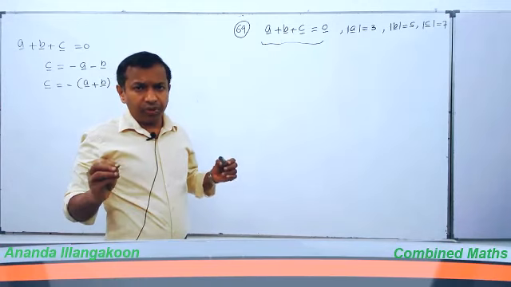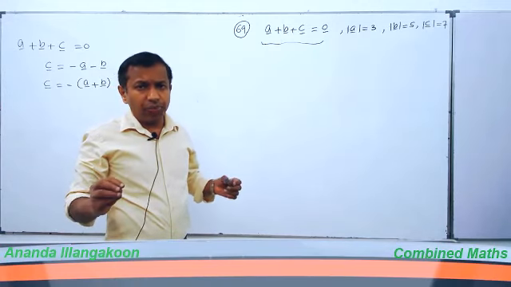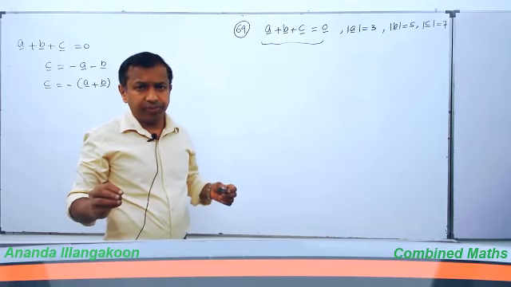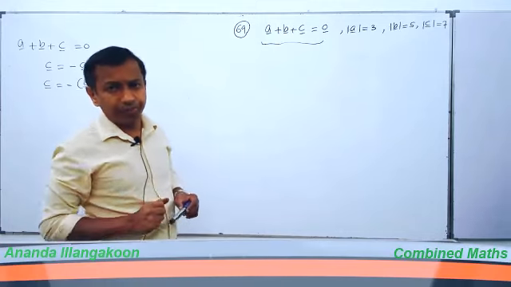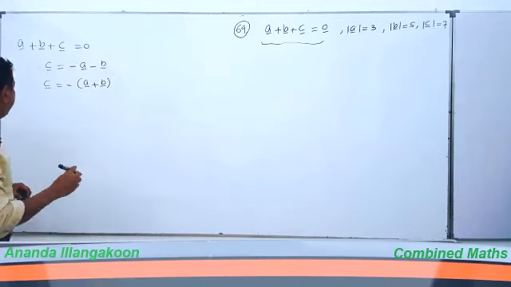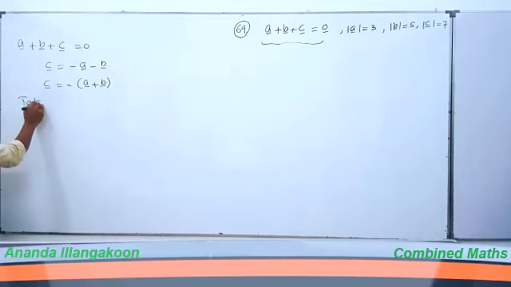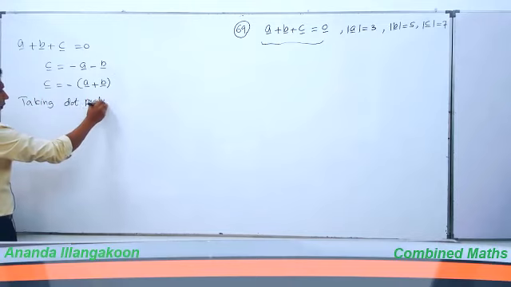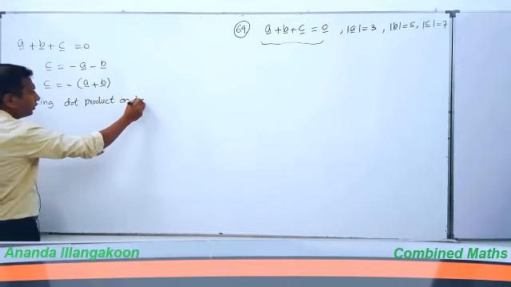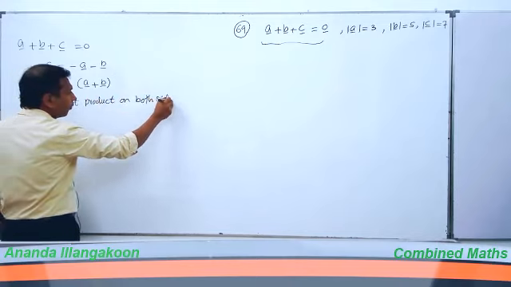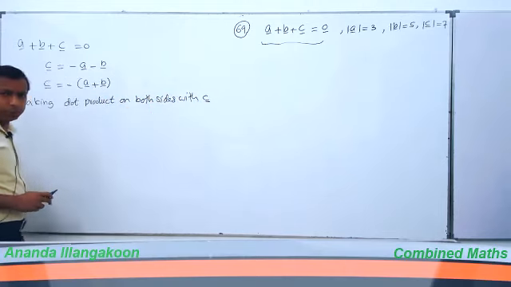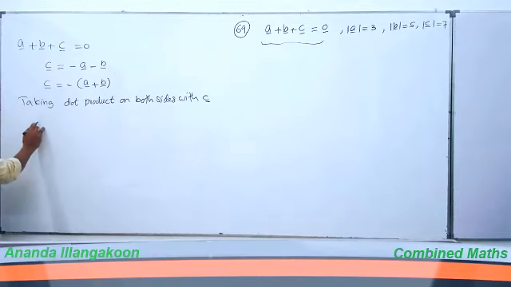Taking the dot product on both sides with vector C, then what do you get?